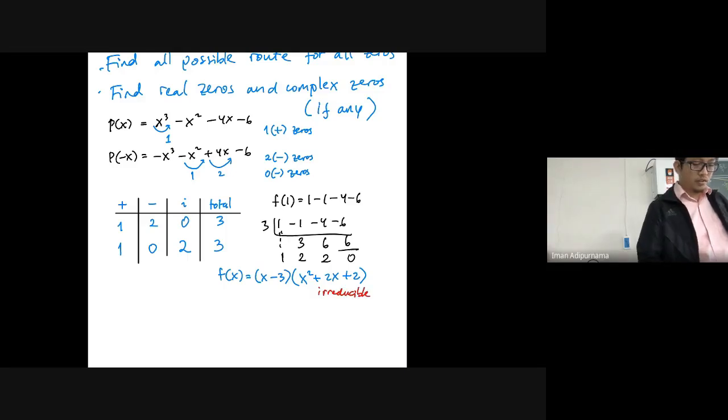Irreducible, so the remaining zeros should be imaginary. For those, we use the quadratic formula.